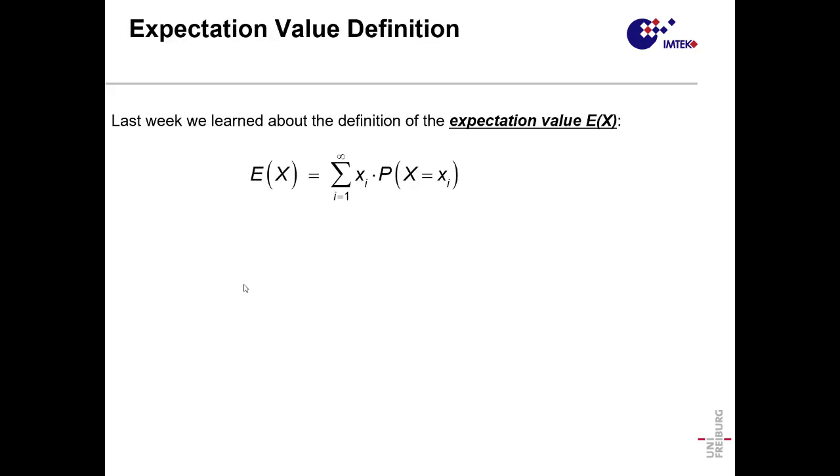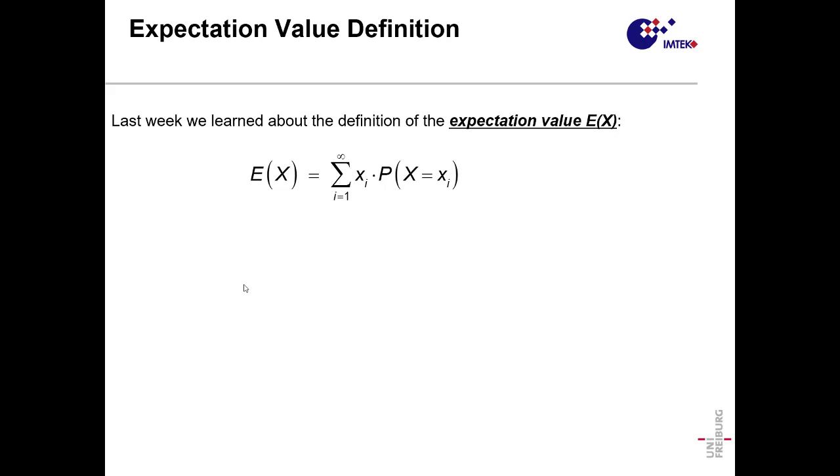So let's start. Last week we already defined what the expected value of a random variable, or random number, was. If you remember, that was the summation of the event to happen times the probability of that event to happen. If you have many different realizations that are possible, you sum over all the realizations.